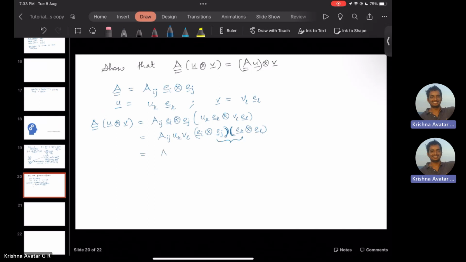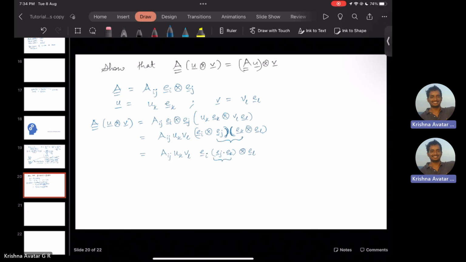So it will be Aij uk vl, and this becomes ei, then ej · ek, and this bun still remains el. Fine. There is a very sophisticated thing going on, and this is a very tricky situation, so you should just look at the pattern here.